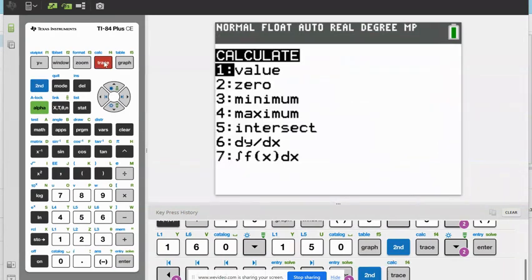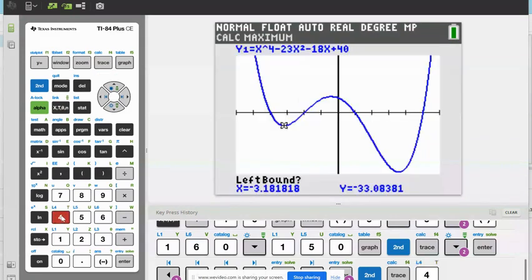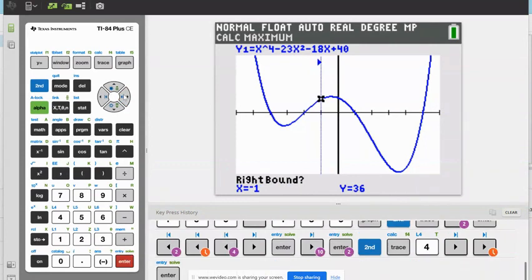But this time we're not choosing number 3. We're not choosing minimum. What are we going to choose? 4, maximum. And now it's asking us to go to the left of that maximum. So I'm going to move my cursor to the left of that maximum and press enter. Then I'm going to move my cursor to the right of that maximum and press enter.